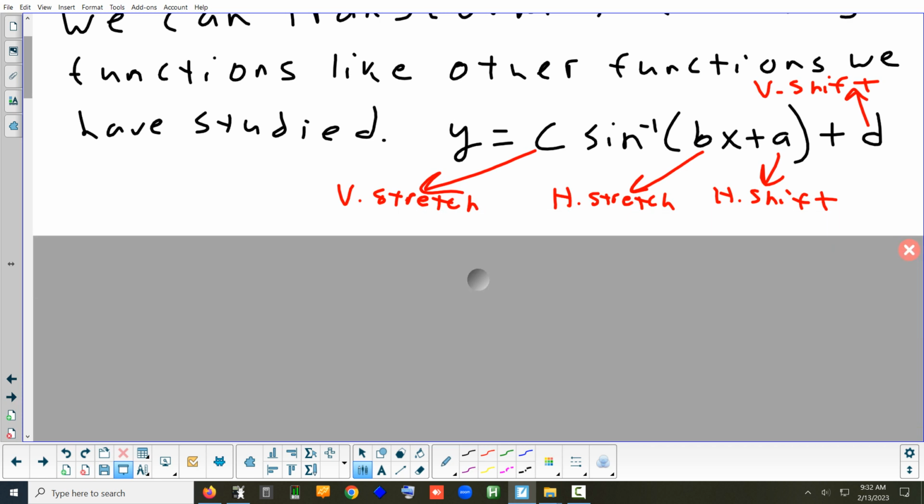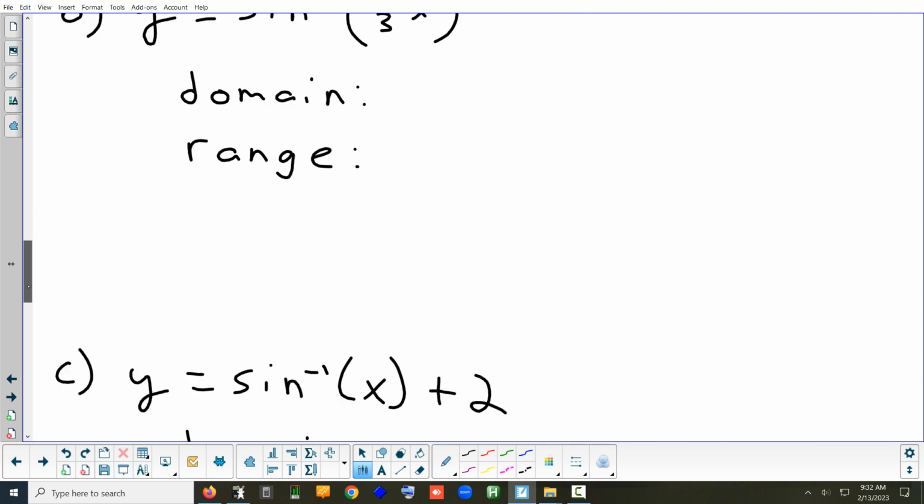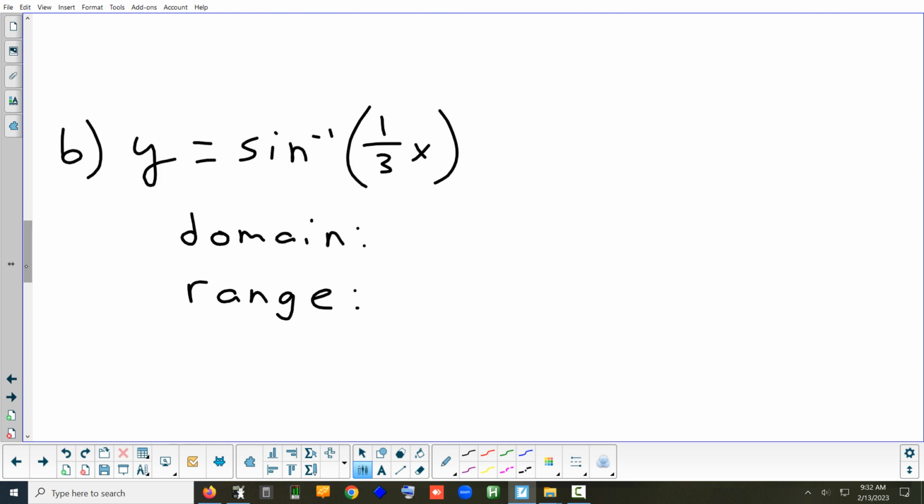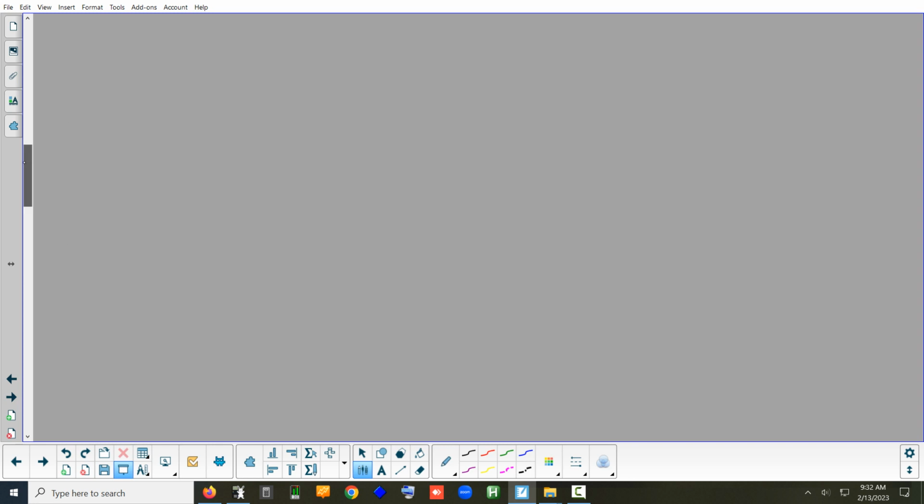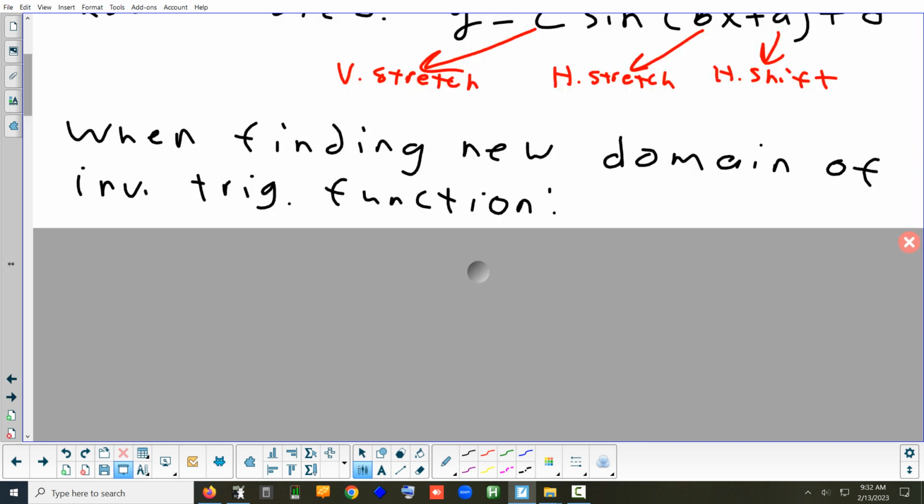Okay, let me just show you a problem. It's an inverse trig function, and I want you to find the new domain and range based on that transformation. So how do you do it?